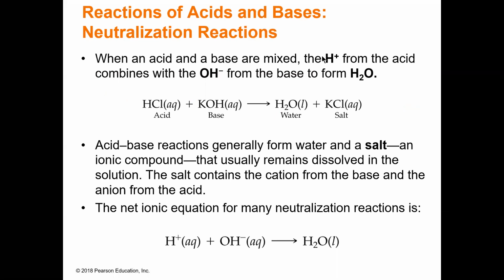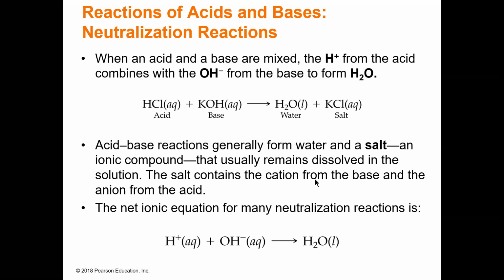So neutralization reactions, this isn't really anything new. We kind of went over this already in our reactions chapter, but when an acid and a base are mixed, the H plus from the acid and the OH from the base will combine to produce H2O and usually some sort of salt. So here's our acid, here's our base, our products will be water and a salt.